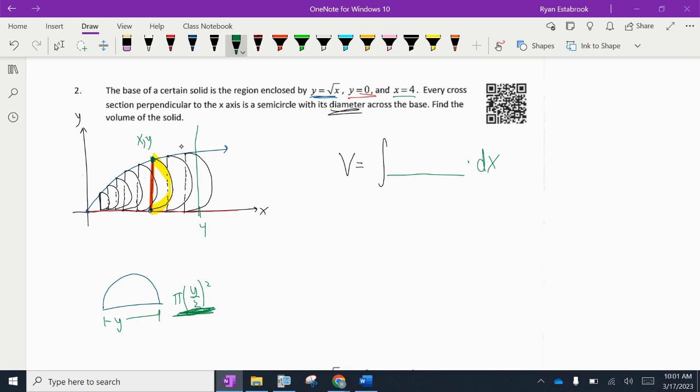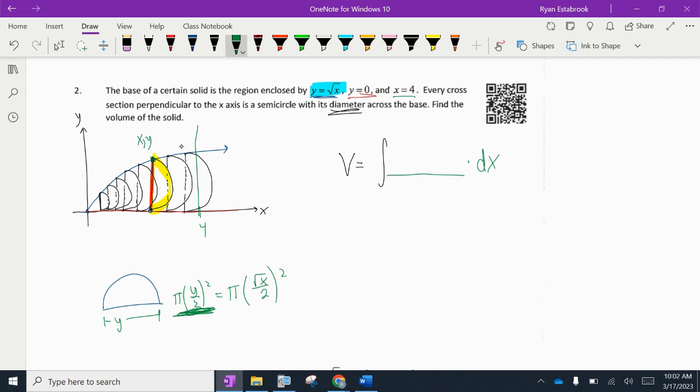Well, let's go back up here, and here is our big substitution. We were told that this equation was y equals square root of x. So yes, this point is x comma y, but since y is equal to square root of x, I can go down here and make a substitution. Pi times, not y, but square root of x, over 2 squared.